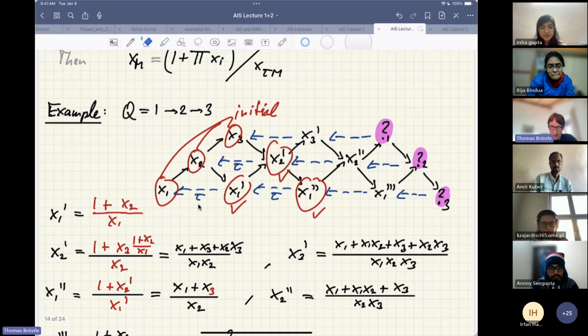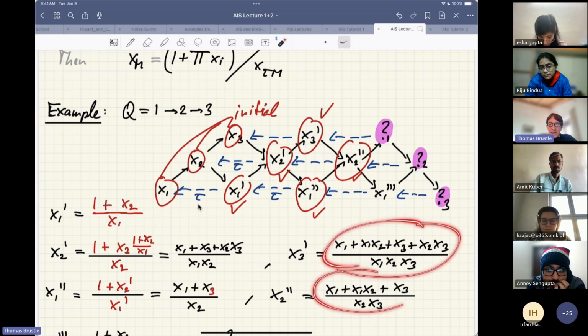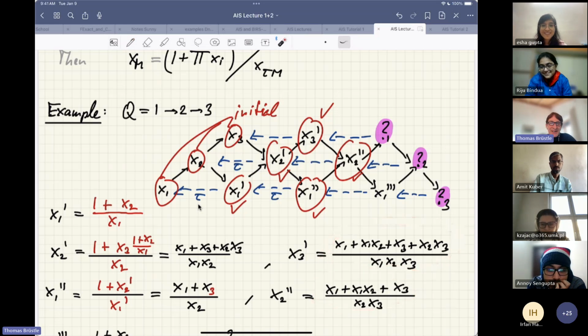So let's assume we can continue with the calculation. We compute x3 prime, we compute x2 double prime. The results are here. Hopefully they are correct. And we compute x1 triple prime.